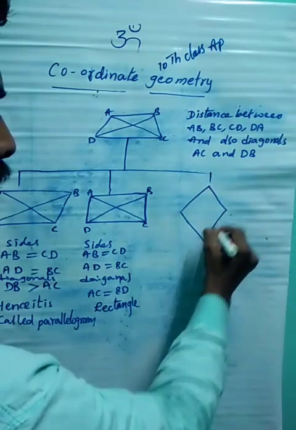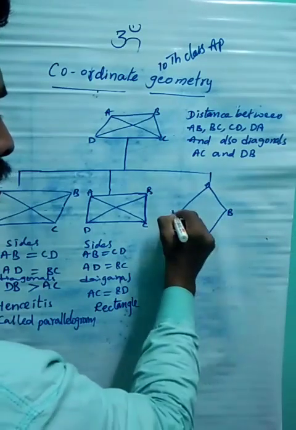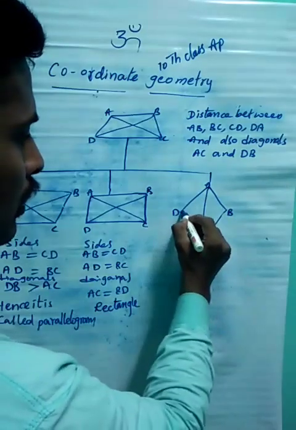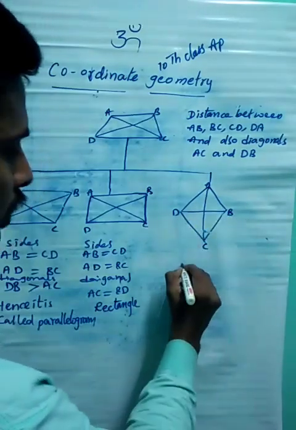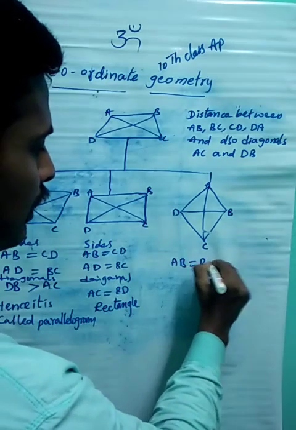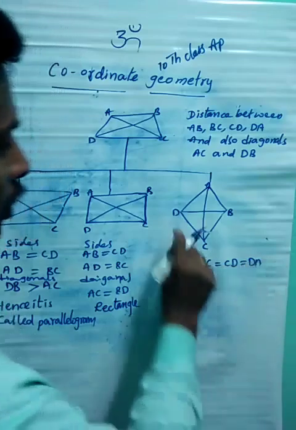You know these four shapes, and you want to write them in the exam. Name the vertices A, B, C, D, joining A to C and D to B. Here AB is equal to BC is equal to CD is equal to DA, because all sides are equal.